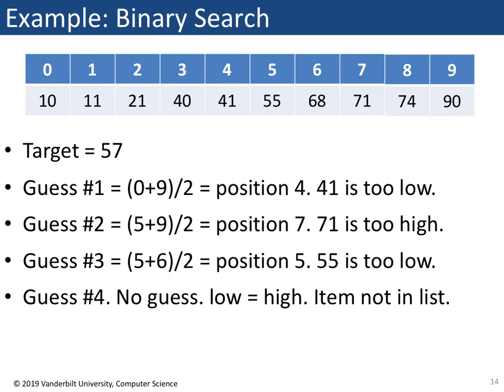So, to do sequential search, we would have had to check a total of 10 locations. But by doing binary search, we were only required to check 4 locations.